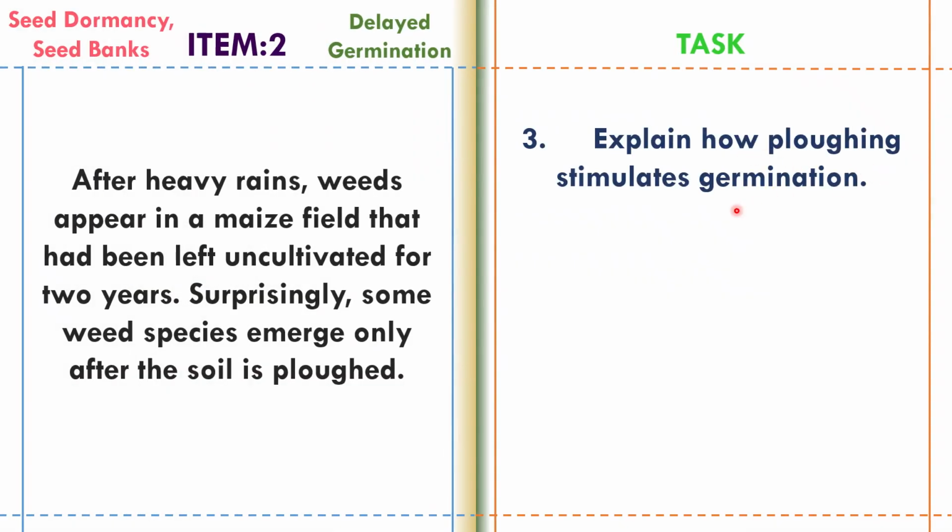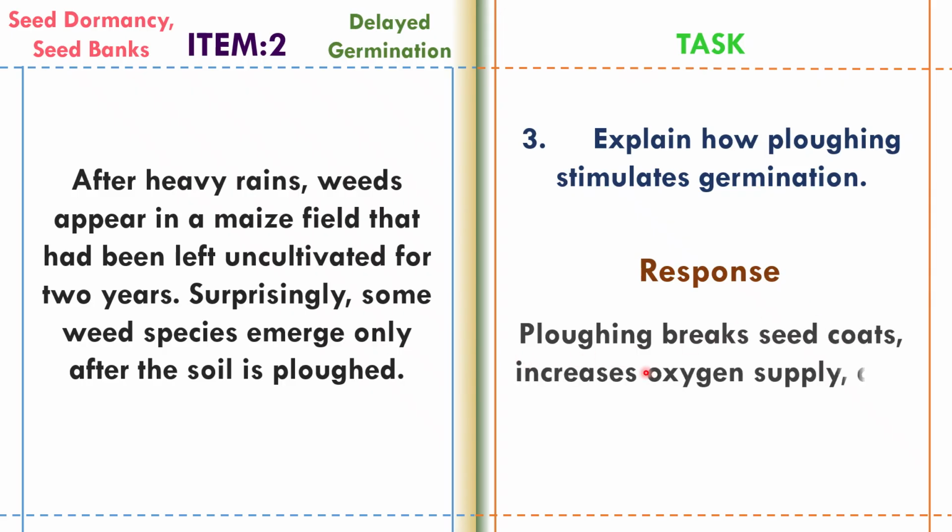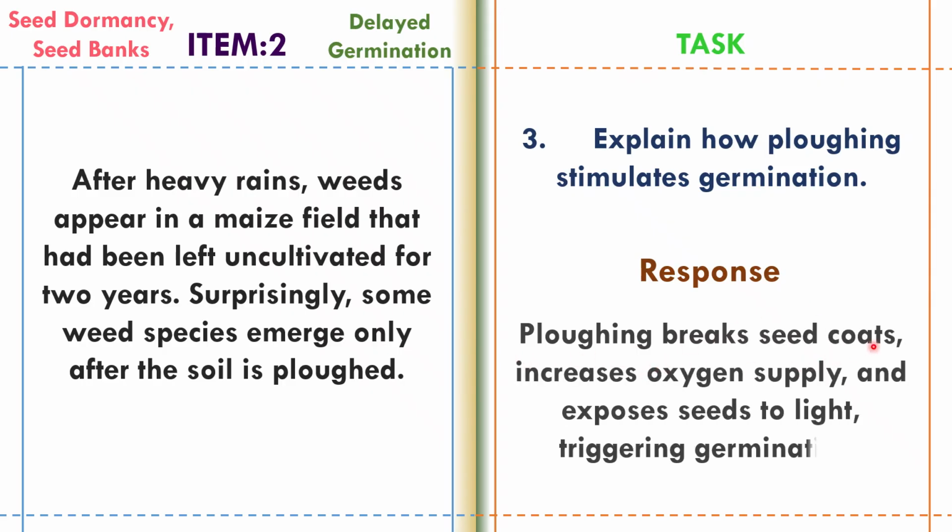Explain how plowing stimulates germination. Plowing breaks seed coats, increases oxygen supply, and exposes seeds to light, triggering germination.